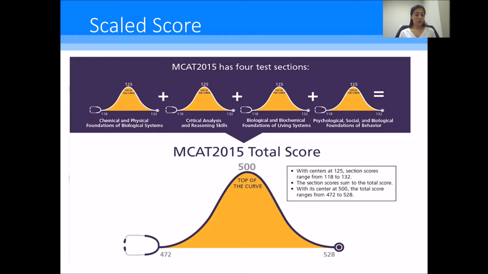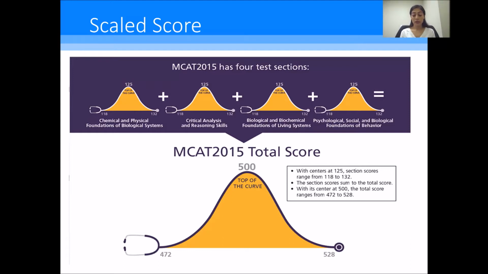Okay, so a few changes then from the last exam is because this total score now ranges from 528 being the highest to 472 the lowest, that means there are 57 possible total scores you can get. How did I get that 57? By simply subtracting 472 from 528. This is an advantage to you if you're going to be writing this exam.